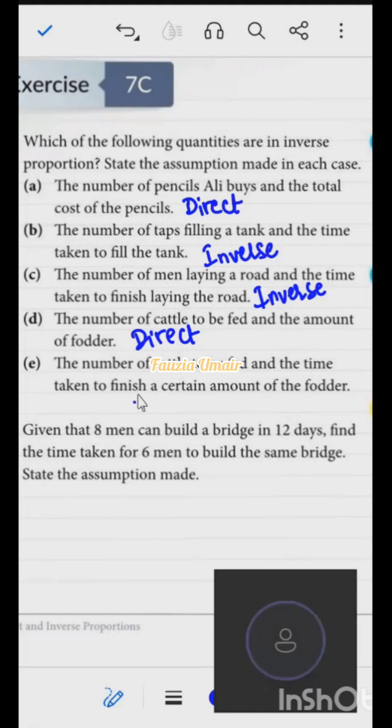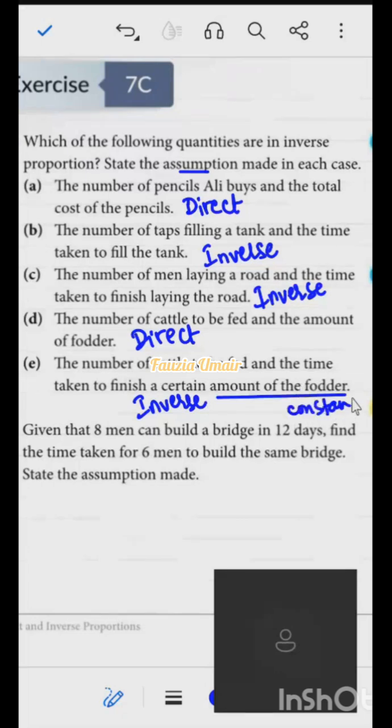So the assumptions, they are saying, state the assumptions made in each question. Assumptions are what we are keeping constant. I told you in proportion, except for the two quantities which are compared, we assume everything else is constant. Like in this part, a certain amount of the fodder means that the amount of fodder is a constant.